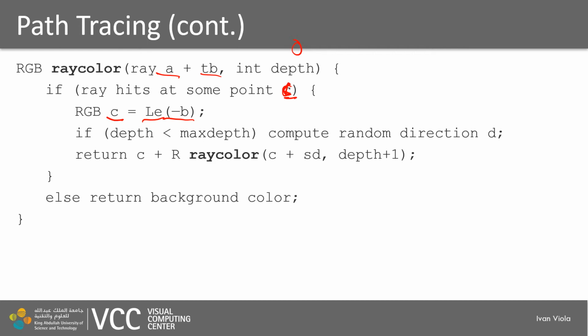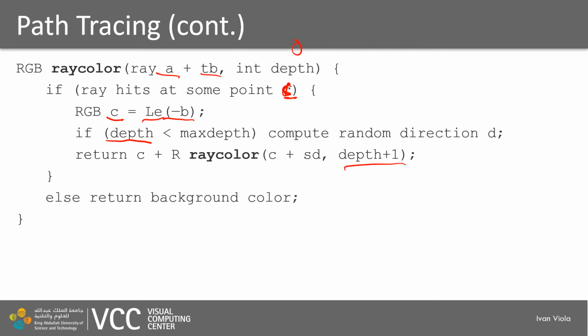And furthermore, we will be performing the next bounce in order to calculate the incident radiance. So we have our depth, which was initially 0, and then we are increasing this depth in the recursion, so that we have some limited amount of steps of recursion.